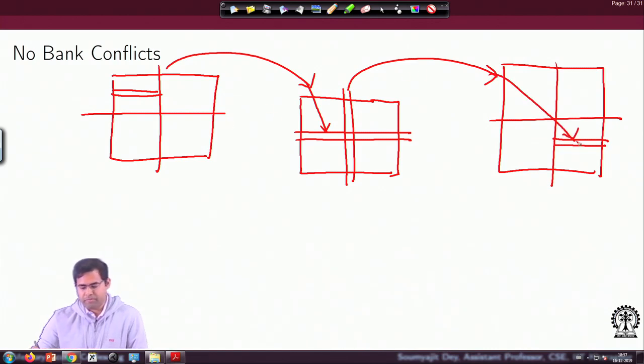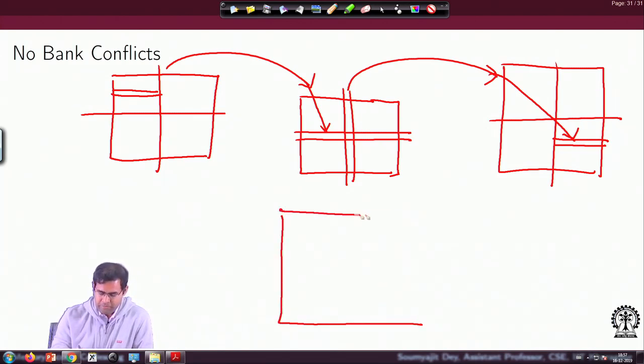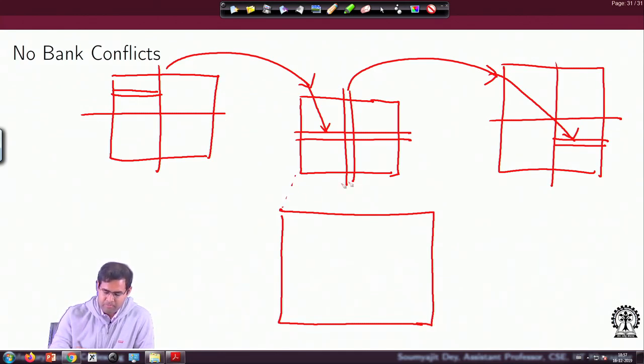So, this is our access pattern that we have already discussed, but now we are trying to figure out, for this tile, if I draw a magnified picture of it, this dimension in the x direction has been increased by 1.